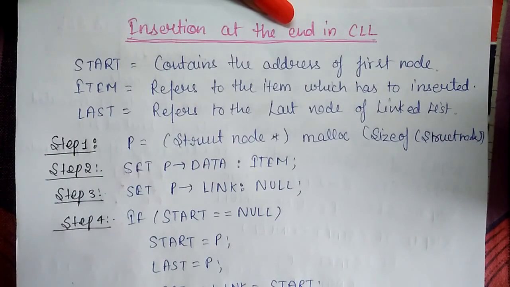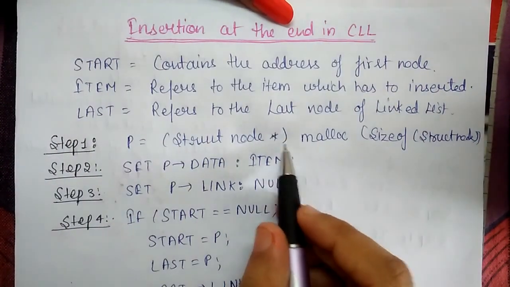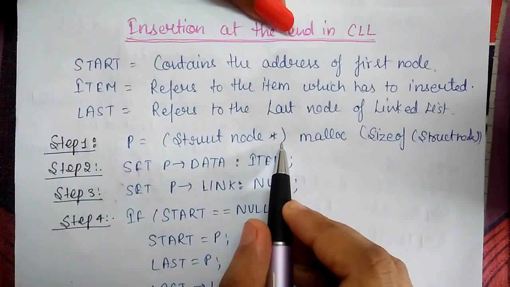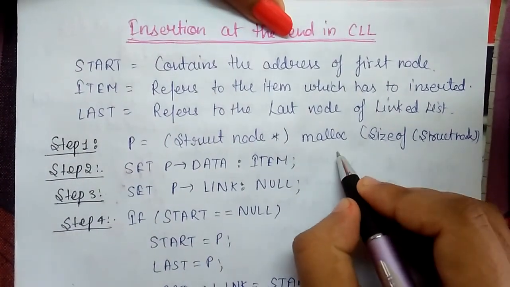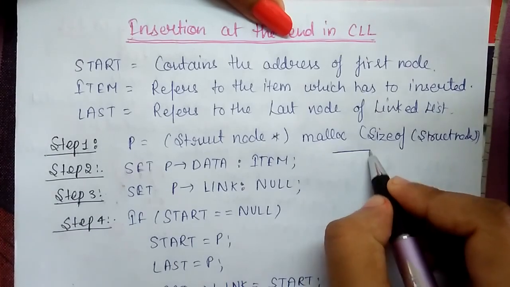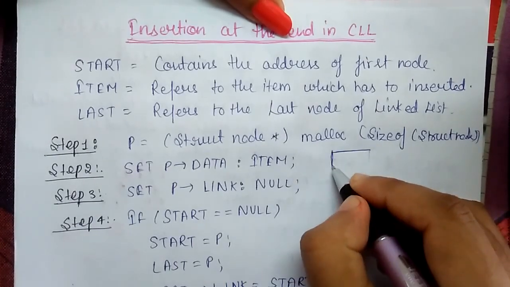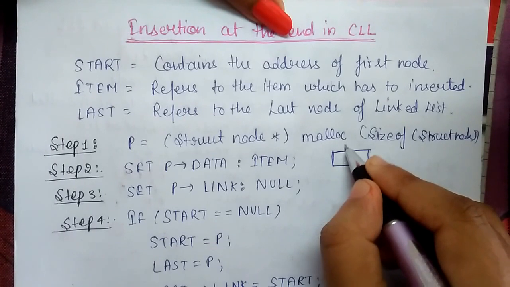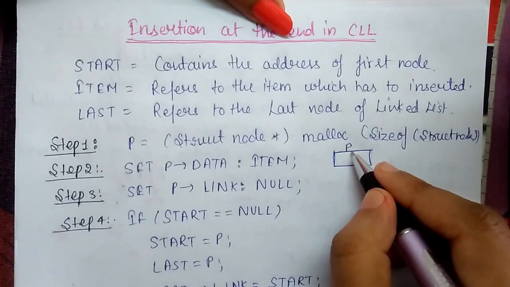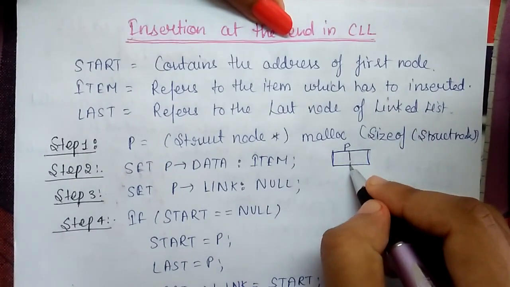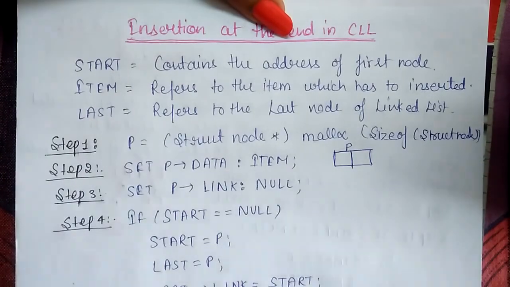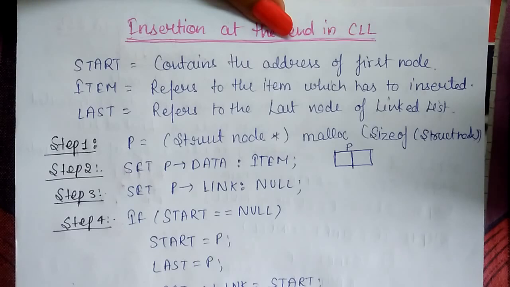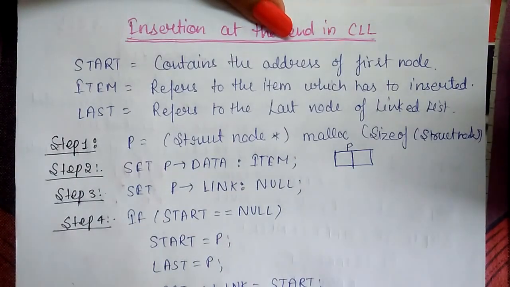In step 1, first of all we will create one node P. This statement creates dynamic memory for a node, and I am calling that node P. Now I am dividing this node into two parts, because in the linked list we have two parts: the data part and the link part.